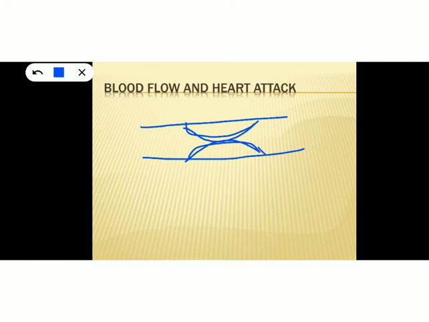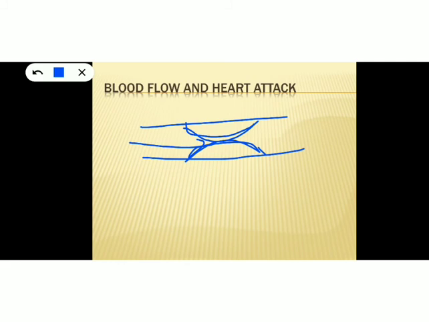So what happens? The blood flowing through the artery experiences some obstruction there. So the speed of blood flow increases where plaque is deposited. Why? Because the area for the flow of blood has decreased.